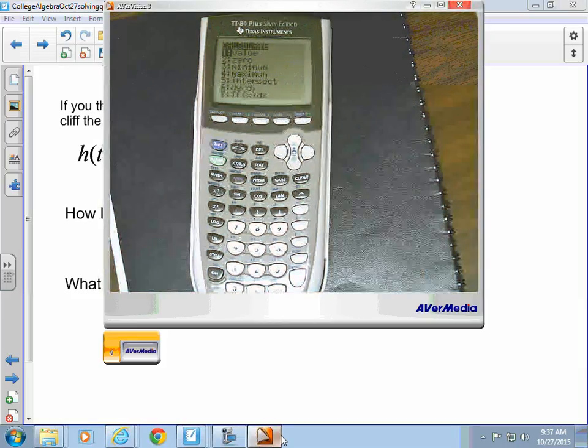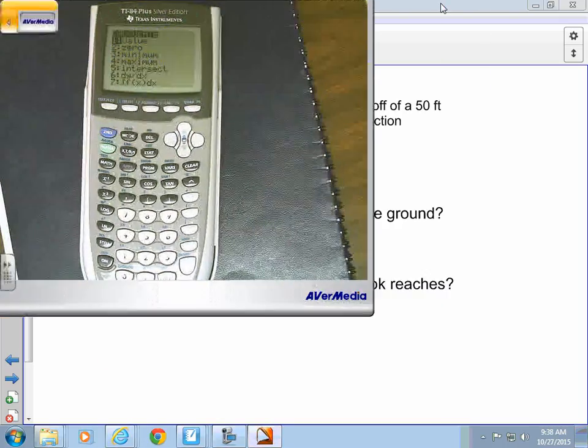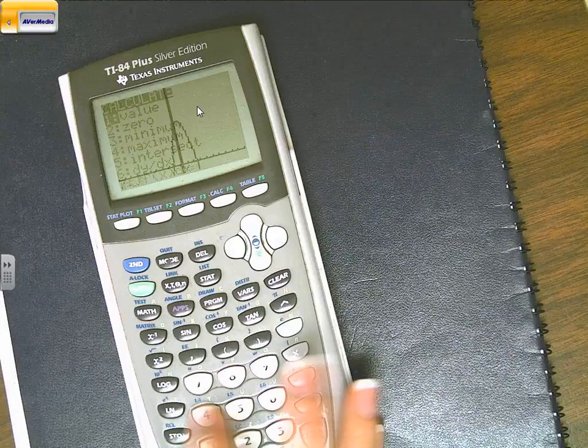So I'm going to click, maybe I can make this bigger now. I'm going to click number 4, which is the maximum button. Everyone watch this very carefully and stay with me very closely. The first thing I'm going to do: move your cursor up to the maximum.